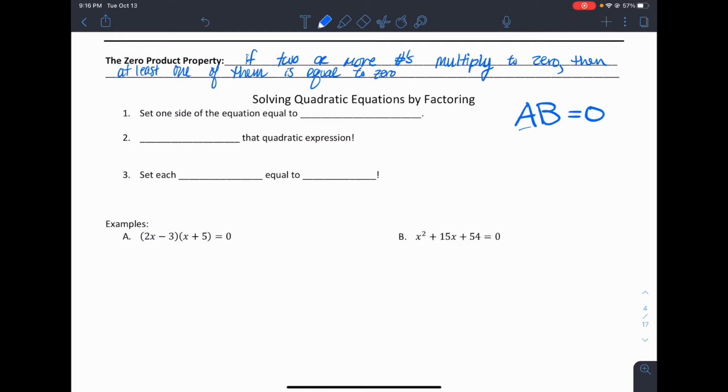You don't just get 0 out of a multiplication problem without having 0 in it.